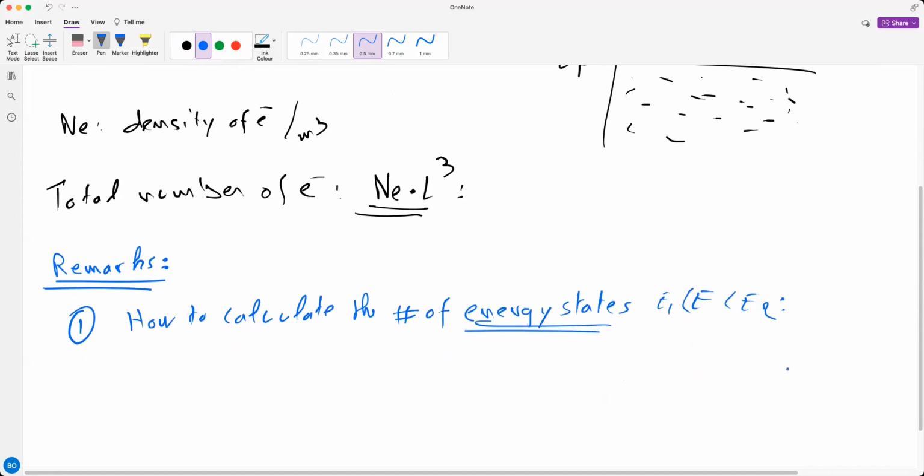Any idea? If this is energy 2, this is energy 1, and I want to calculate how many energy states, or energy levels, are there between E1 and E2. We did it yesterday. Integral, right? Exactly. So this number is given by the integral from E1 to E2 of the density of states, dE. Please remember this.